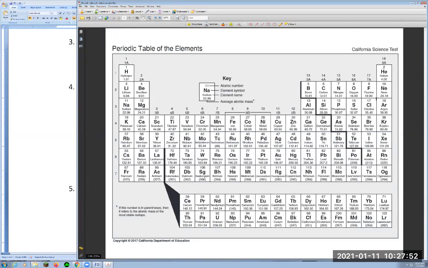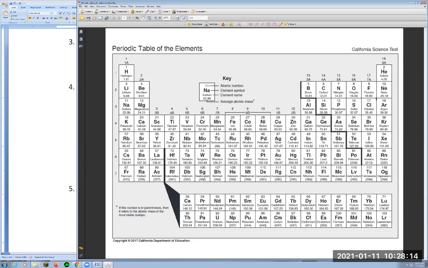Metals are all the elements that are on the left side of this staircase. And then the non-metals are the elements on the right side, in the upper right corner of the periodic table. So it's all the carbon, nitrogen, oxygen, fluorine, sulfur, bromine, iodine, etc. These are what we call non-metals.